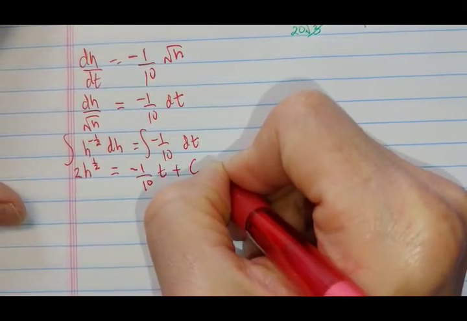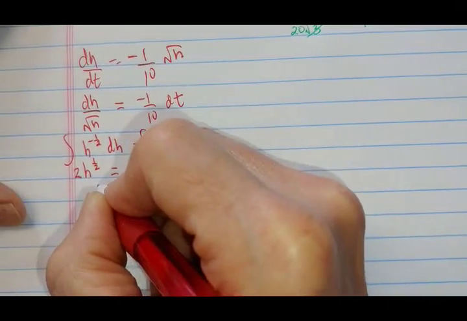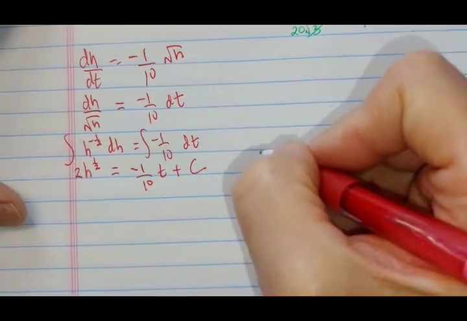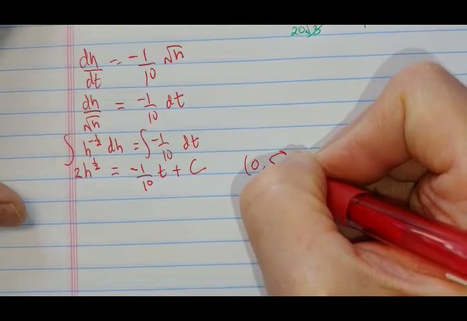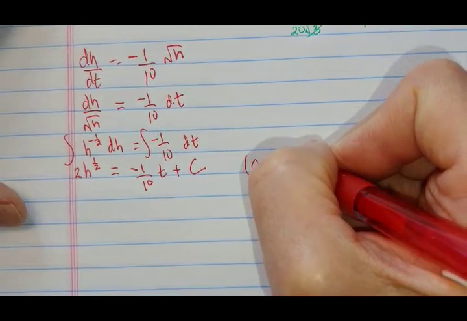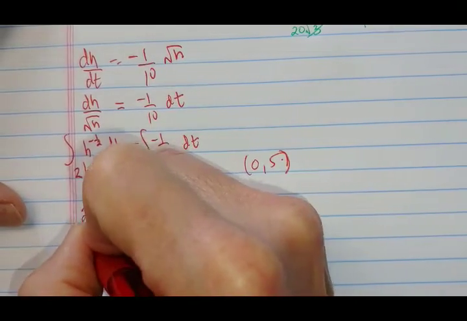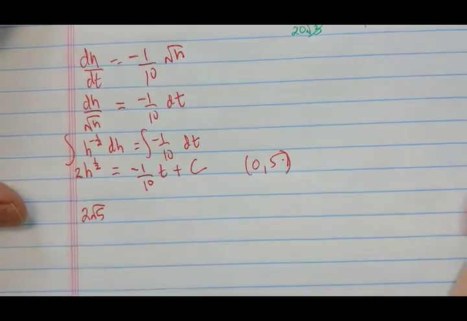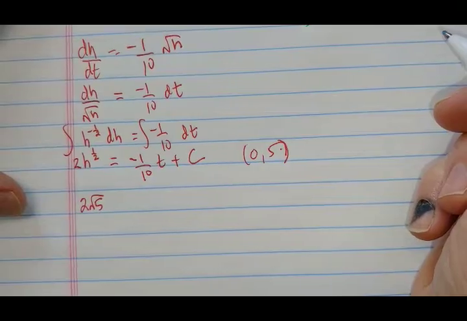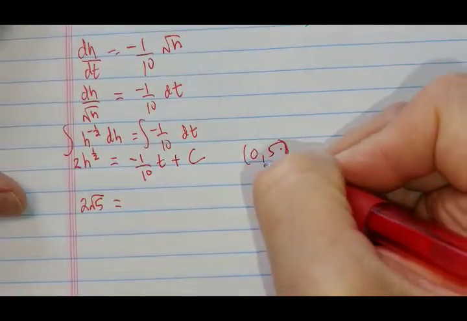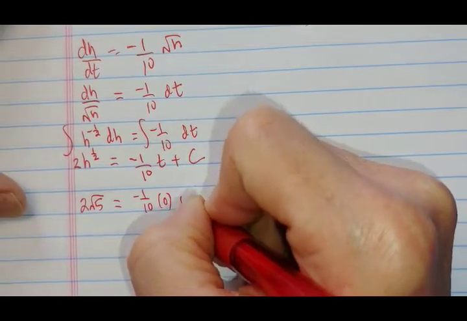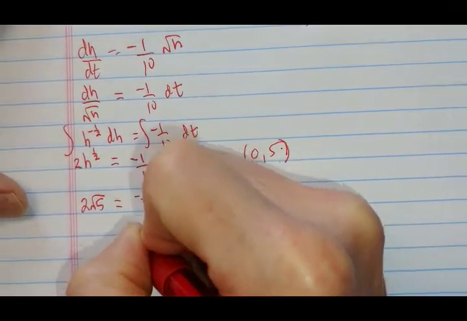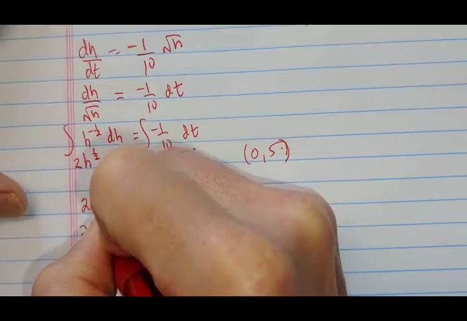Don't forget c. I'm going to divide both sides, or maybe I'll go ahead and solve for c. I had an initial condition of (0, 5). So 0 is the time and 5 is the height, so I have 2 square root 5, because remember h to the 1/2 is square root, equal to negative 1/10 of 0 plus c. So c is equal to 2 square root 5.